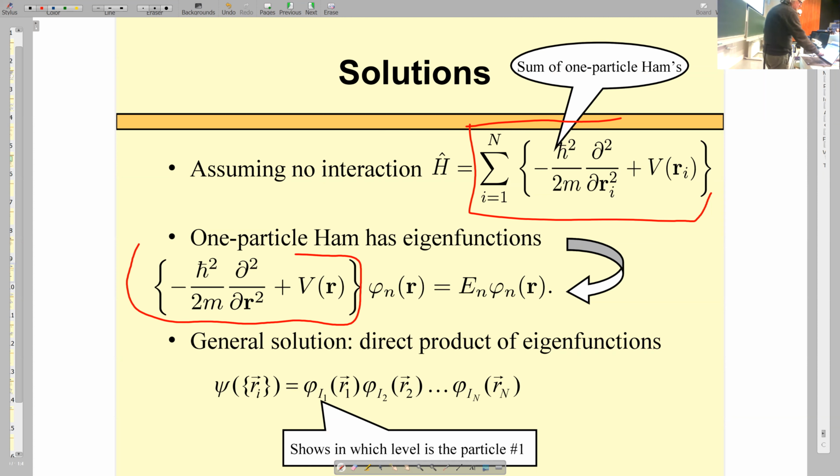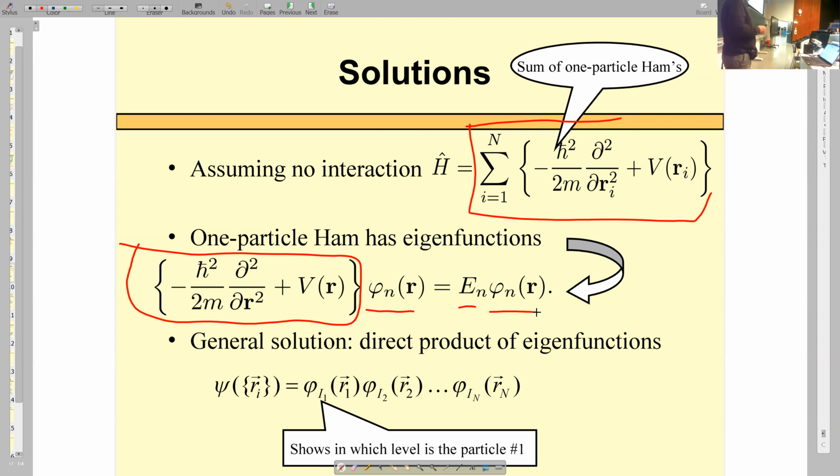I got a series of eigenfunctions. N here numbers the levels in this single-particle Hamiltonian. We see already that all these levels are available for all particles. Each particle, first, second, third, can go to the same energy levels, right?